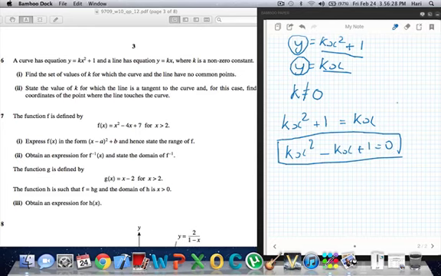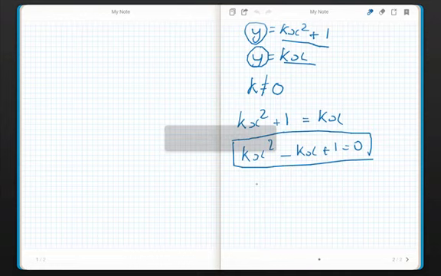Now, we can use a special quadratic formula called b squared minus 4ac. And this is a very key formula.